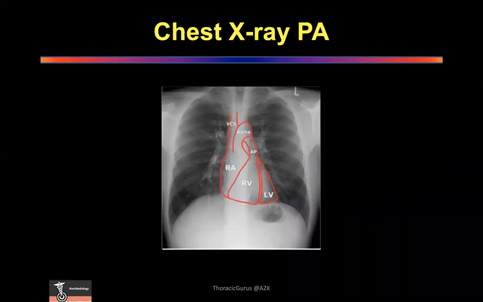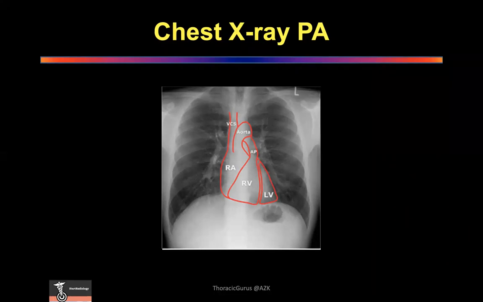And then you have this little thing poking out, which is actually the left atrial appendage. And then you've got the notch of the heart. And more importantly, you've got the superior vena cava on the top. Okay, have a look again. Try to identify these structures as I'm going through it.